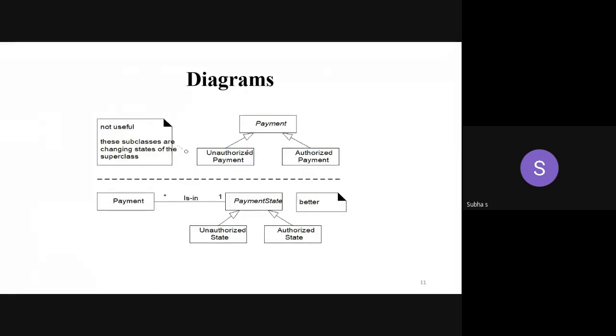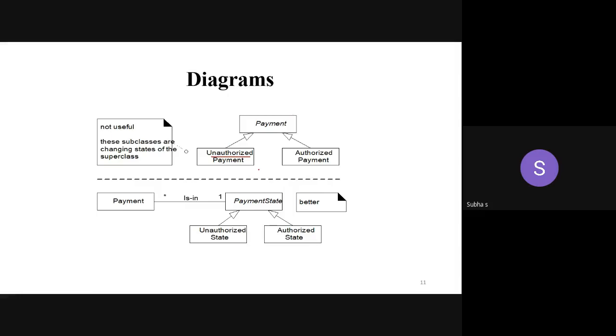If I am not giving a correct username and password, then it will be treated as unauthorized. These are the changing states of which class? Of the superclass. For payment, I have to give the current payment. I have to enter the payment gateway properly through the authorized code. Otherwise, it will be considered as unauthorized.